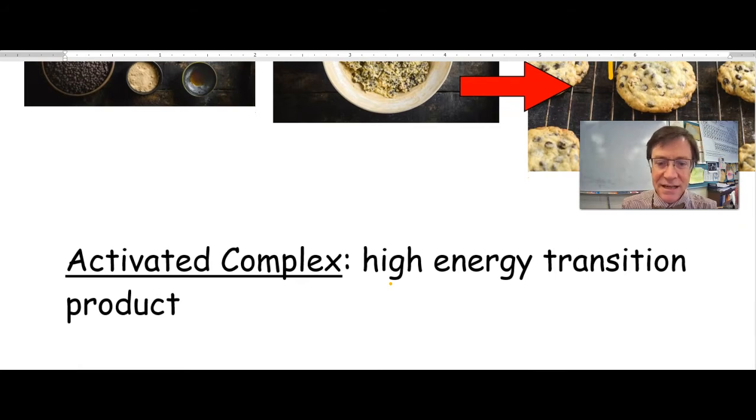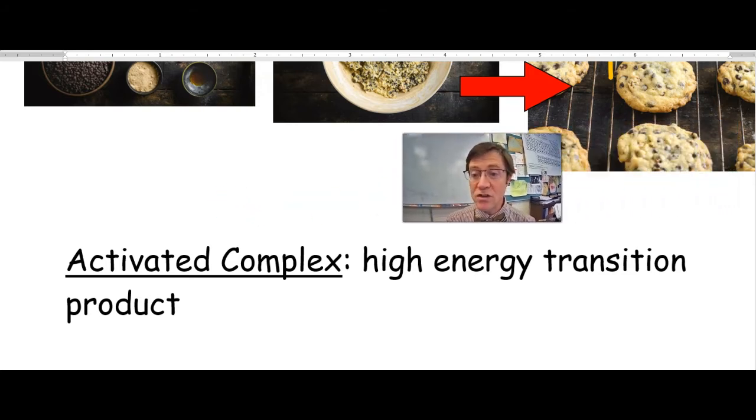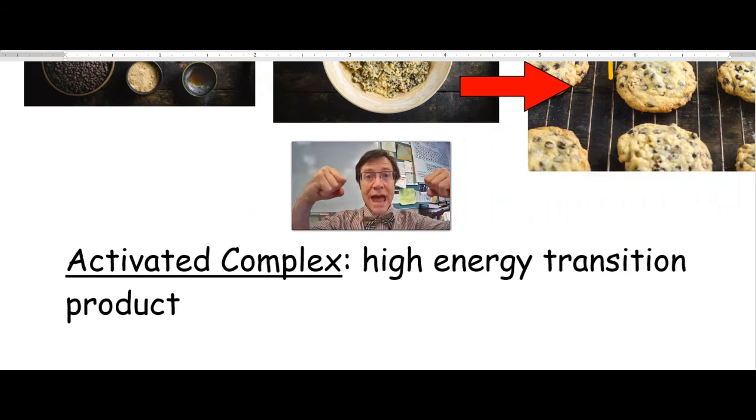I think you guys get the idea, but in a chemical reaction, the activated complex is defined a little bit differently. It is what we call a high energy transition product. It is kind of like that explosion that exists when our two reactants smash together, break their chemical bonds, explode out and start to implode in.